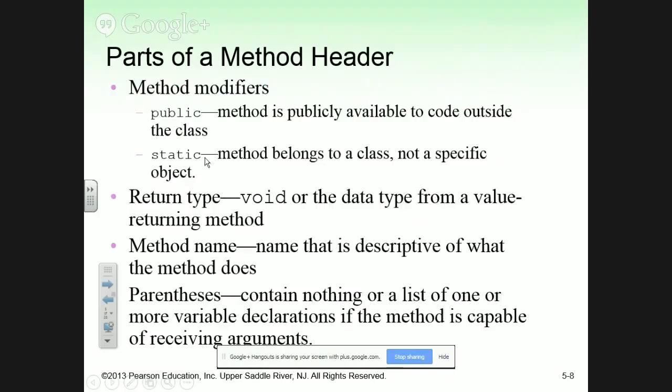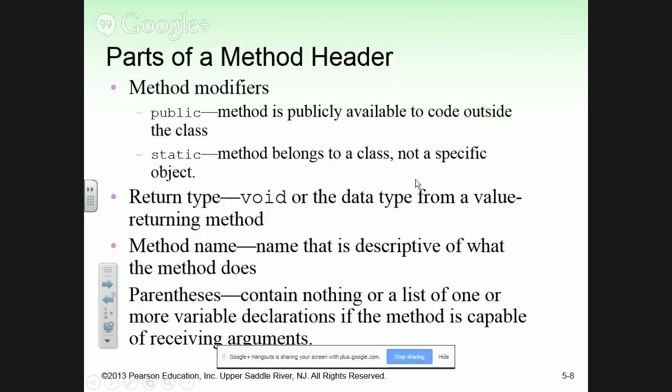So the modifiers that we've been using have specific meanings. That keyword public means that the method is publicly available to code outside of the class. So it's available anywhere within the Java program, not just within the class that we're defining. And the keyword static means that the method belongs to a class, which is a more general possessive describer as opposed to a specific object.